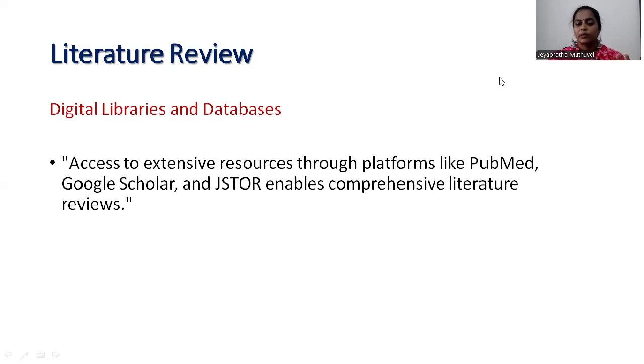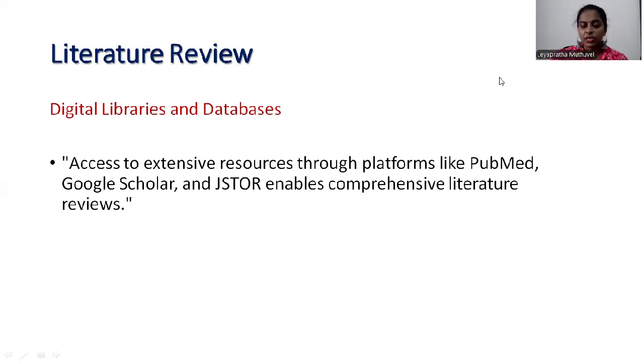JSTOR, a digital library of academic journals, books, and primary sources across various disciplines. Science Direct, a database for scientific and technical research articles and book chapters. And ProQuest, a comprehensive database offering theses, newspapers, and journals. ERIC, Education Resources Information Center, an online digital library for education research and information.